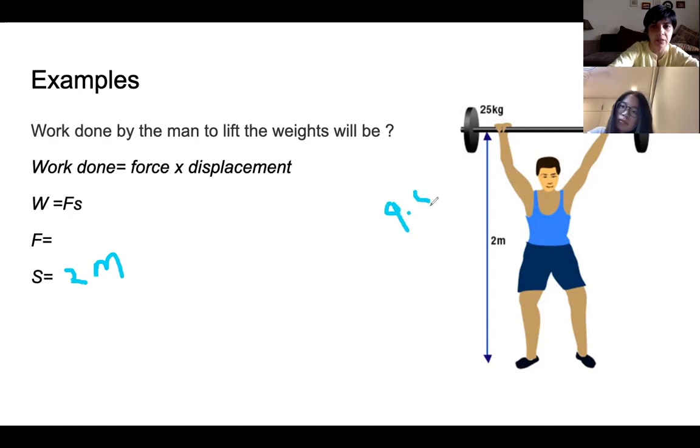It's only when you round it off that it becomes 10. Has your teacher asked you to multiply with 10 or 9.8? 10. Okay, fine. Then we will keep it as 10, because I generally practice with all my students to multiply with 9.8. Then you get a more precise answer. But we'll go with what you're doing in school.